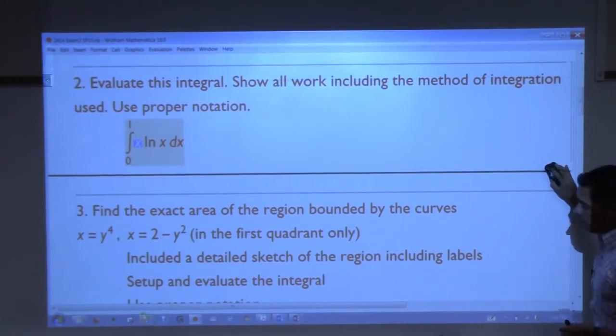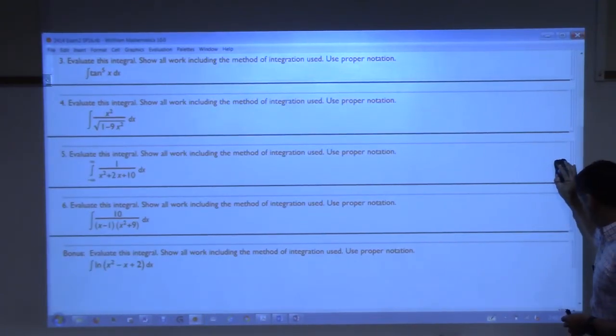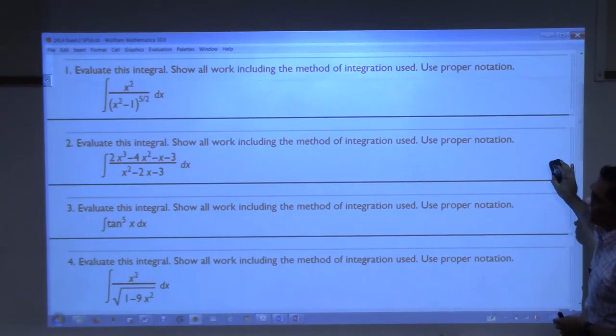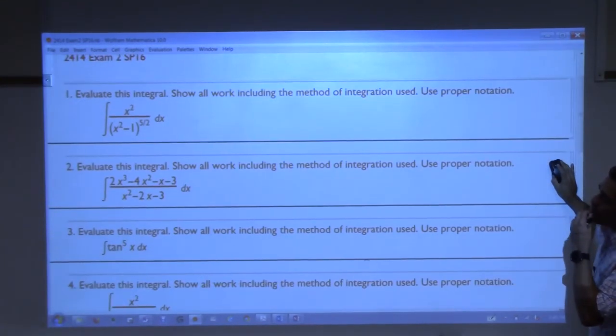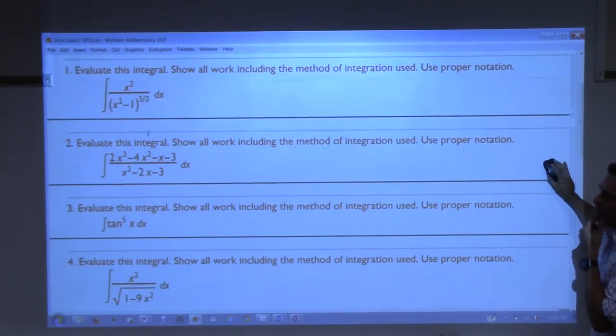So that's what I've asked before, and then I'll keep going if you all want me to. This was another semester. Trig sub, you have to look at that 5/2 as being the square root to the 5th power. So that's a trig sub problem.